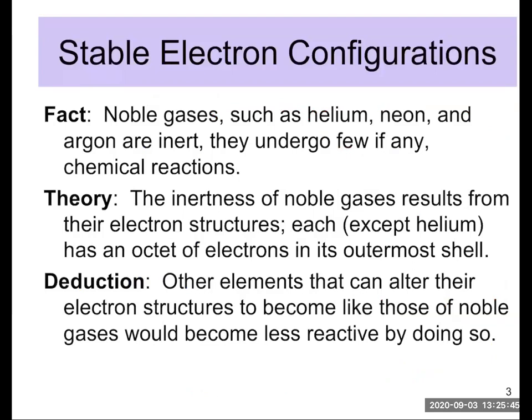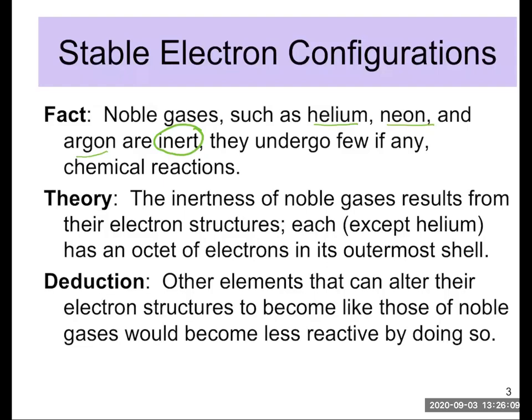Just a stable configuration fact: noble gases such as helium, neon, and argon are inert gases. The word inert means that they don't like to react with anybody else. They are happy the way they are. A theory: the inertness of a noble gas results from their electron structure, with the exception of helium.